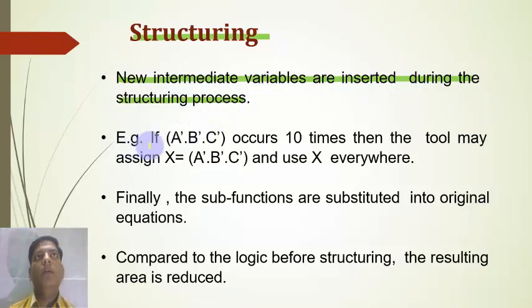Example, if A bar, B bar, C bar occurs 10 times, then the tool may assign X equal to A bar dot B bar dot C bar and use X everywhere.